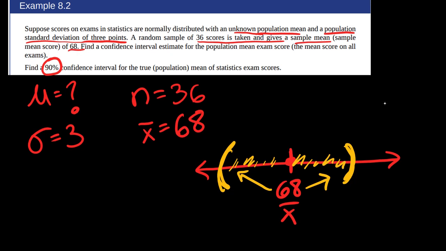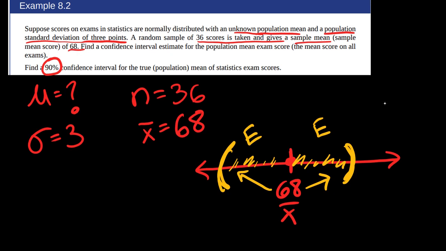So that's what we need to figure out: how much below, how much above. I'm writing the letter E because that's how much. It's the margin of error, or E. That's what we need to figure out.